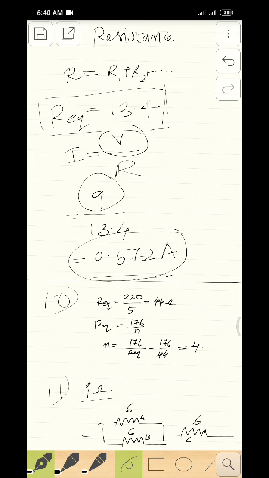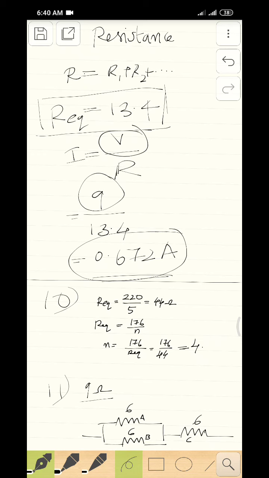The 10th question is: how many 176 ohm resistors in parallel are required to carry 5 ampere on a 220 volt line?